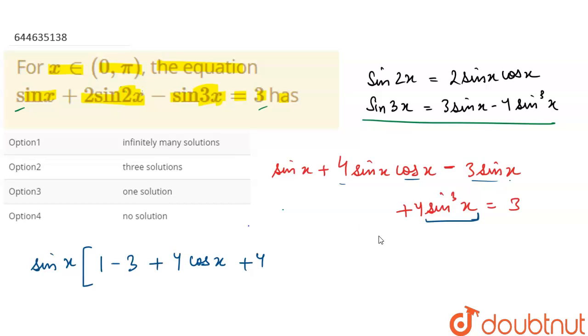Because we have taken sin x common, so this will become 1 minus cos square x, because we know sin square x is equal to 1 minus cos square x, or we can say sin square x plus cos square x is equal to 1, and by this we got 1 minus cos square x, right? So this is equals to 3.